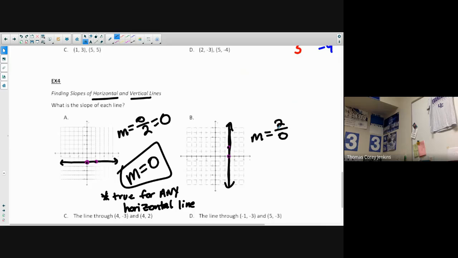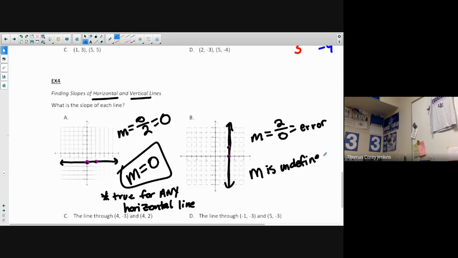If 0 is in your denominator, you might want to try typing that in. What's 2 divided by 0? And your calculator will say error there. That's a good reminder that you can't divide by 0. So we say this is called undefined. So we would say M is undefined.